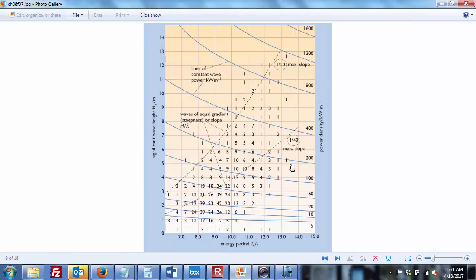Way out here, a wave of this height happens relatively infrequently. This one way up here is basically a tsunami, but it only happens very rarely. This stuff down here, much more frequent. Here's your 42, but just not as much power. And again, you can see that each of these, 5, 10, 20, 50, this is all in kilowatts per meter.